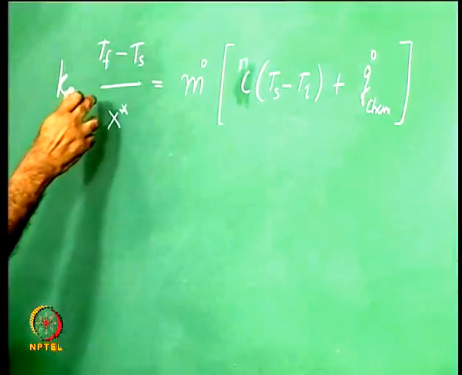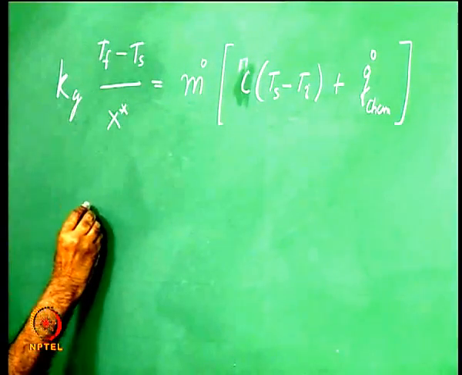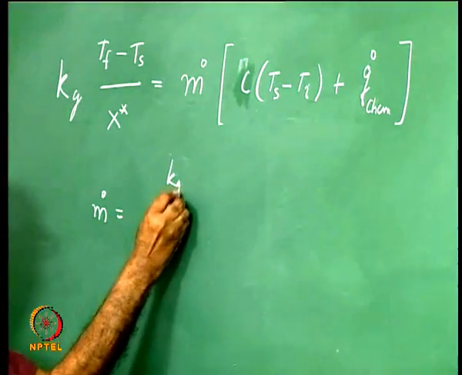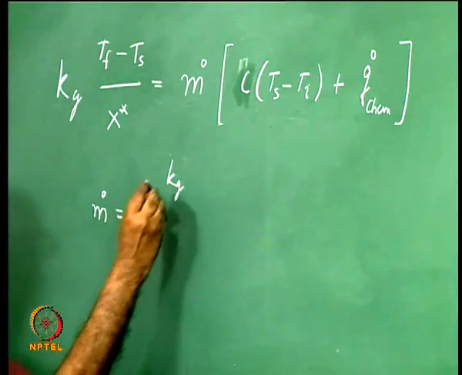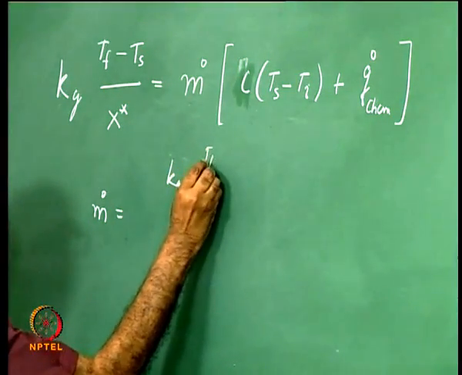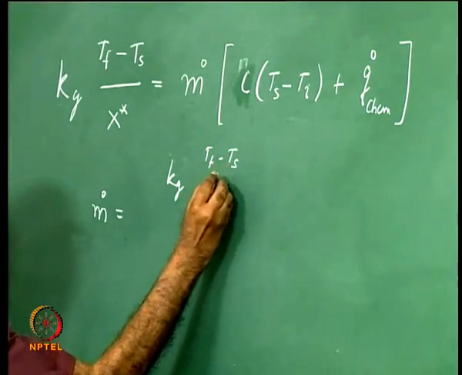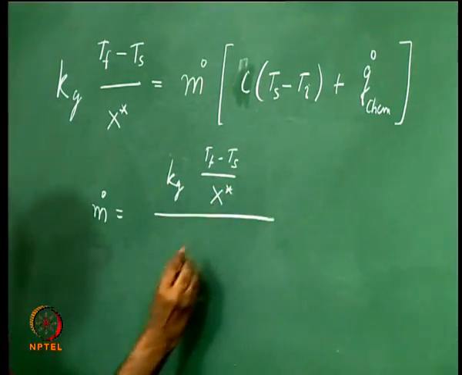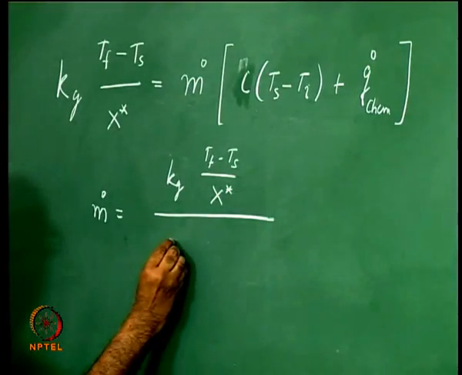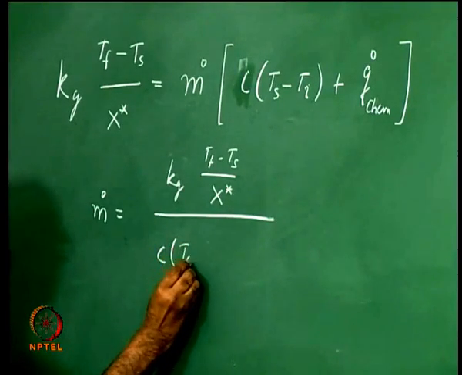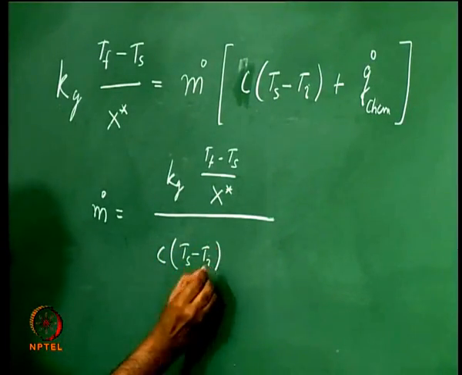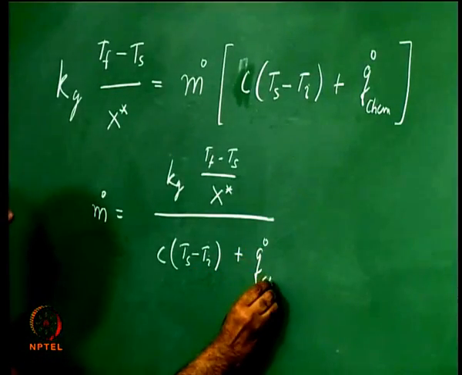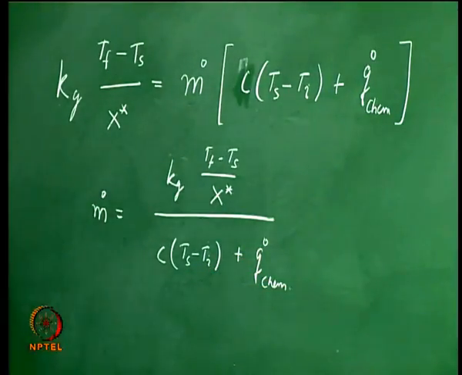Now, if I have to write the value of m dot, it is equal to the thermal conductivity of the gas region, times the flame temperature minus the surface temperature divided by the flame standoff distance, divided by the specific heat into the surface temperature minus the initial temperature of the propellant, plus the value of heat release due to chemical reactions at the surface.